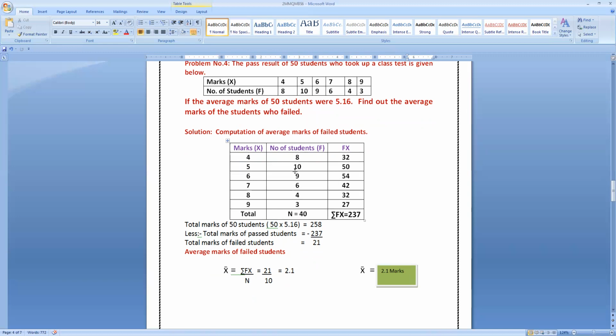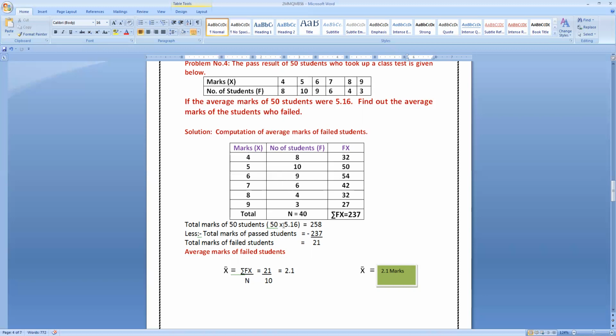8 into 4 is 32, 10 into 5 is 50, 6 into 9 is 54, 7 into 6 is 42, 8 into 4 is 32, 9 into 3 is 27. The total marks of the passed students is 237. Already given in the question, the average marks of 50 students is 5.16.